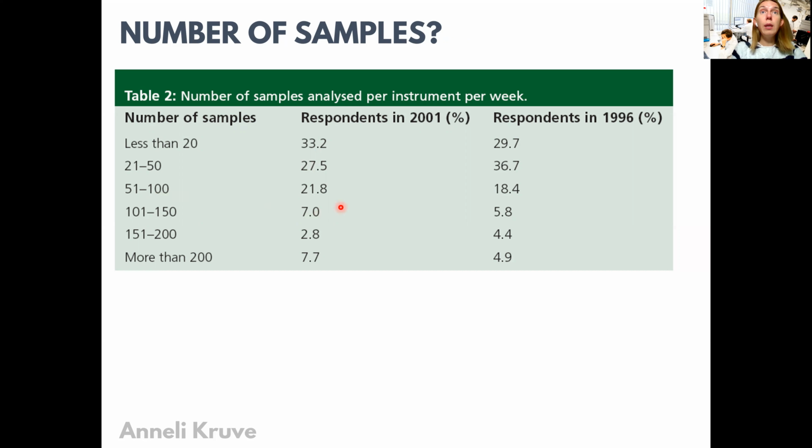Actually also quite many labs, so 22% approximately, had between 50 and 100 samples. So when we think about 100 samples and the fact that the work week is 5 days for most labs, then this means that during one day, 20 samples need to be prepared. And this could give you kind of an estimation how fast the sample preparation needs to be, as well as how fast the analysis needs to be to actually be able to analyze all the samples within this time.